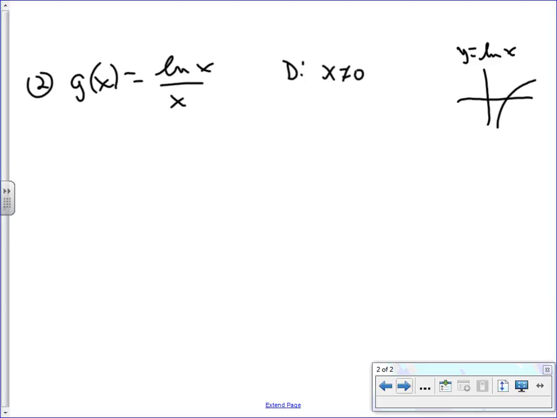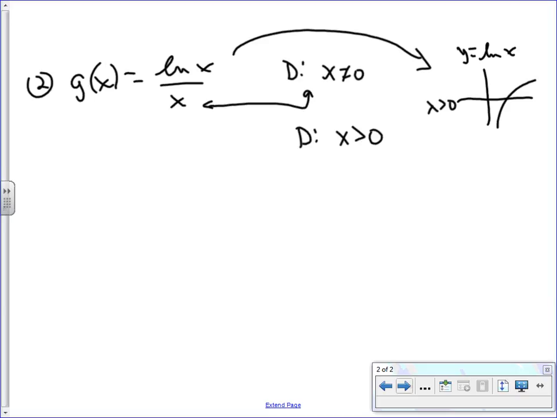So if I take it and pop it into some other function, automatically what becomes part of the domain of that other function? It can't be negative. So we got this piece from the denominator, but this piece right here tells us that X has to be strictly greater than 0. So you put those two things together, and the actual answer is X has to be strictly greater than 0. Do not plug any negative numbers into anything that you do. You're not allowed to put a negative number in here, because you get the natural log of a negative number, and there's no answer to that.